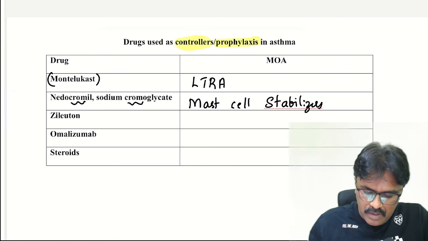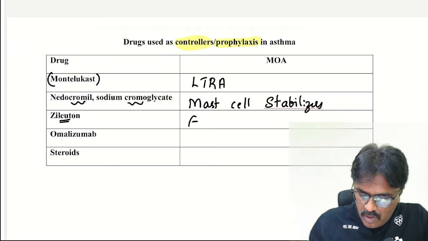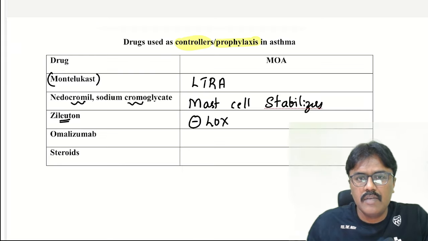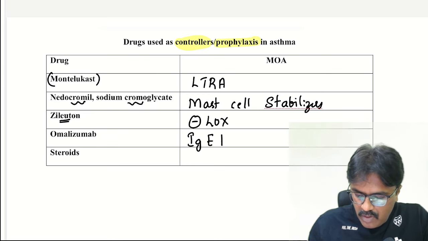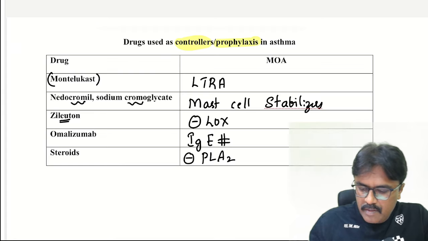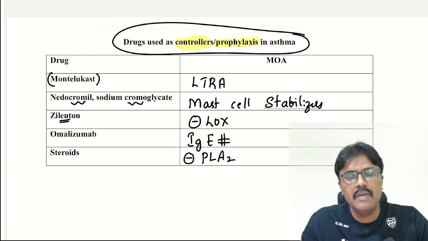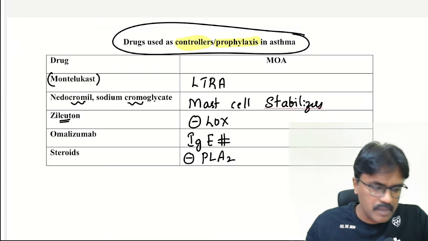Zileuton, you can see the name has leukotriene, luton. It inhibits the enzyme LOX. Omalizumab is a monoclonal antibody targeting IgE, so it's an IgE blocker. Steroids are also used in asthma, but they block phospholipase A. Please understand these drugs are for prophylaxis of asthma and bronchodilators for attack of asthma. So that is what we learned from this question.